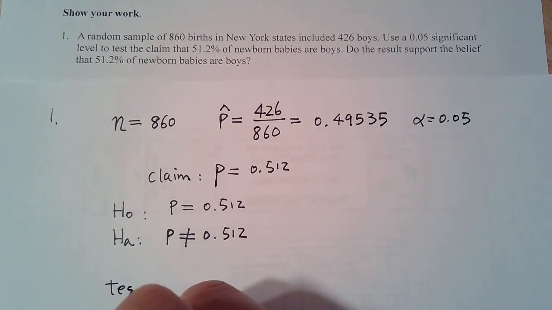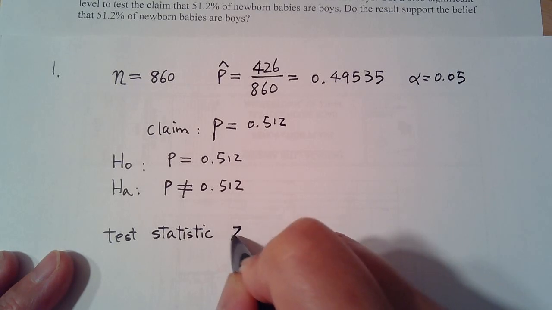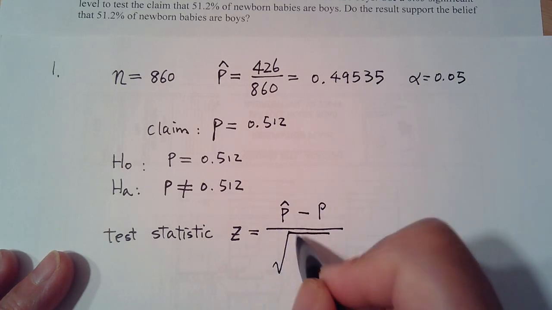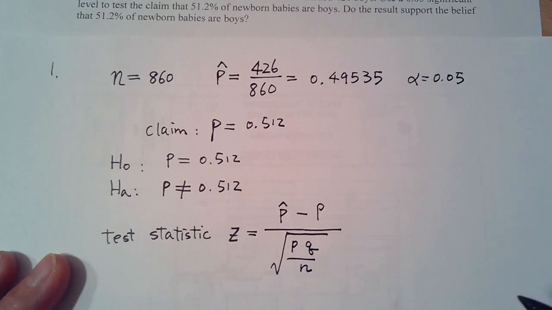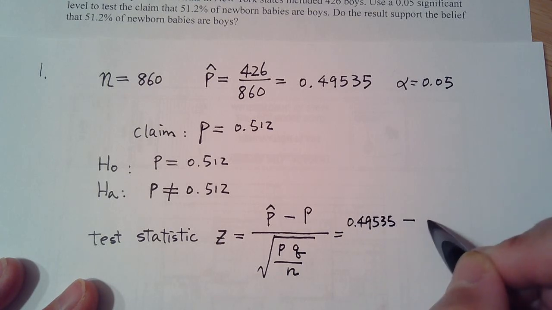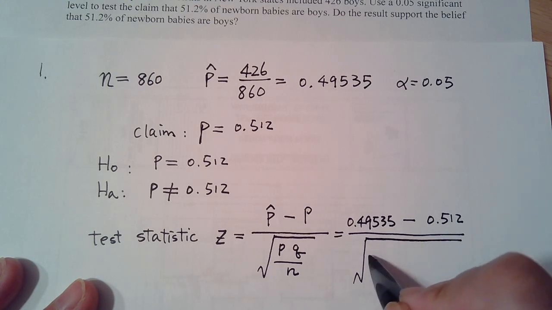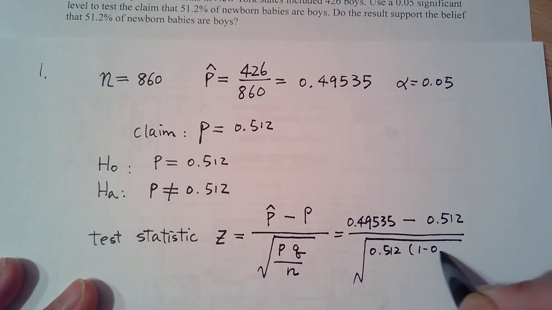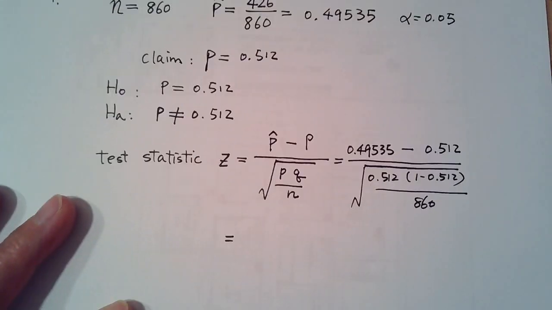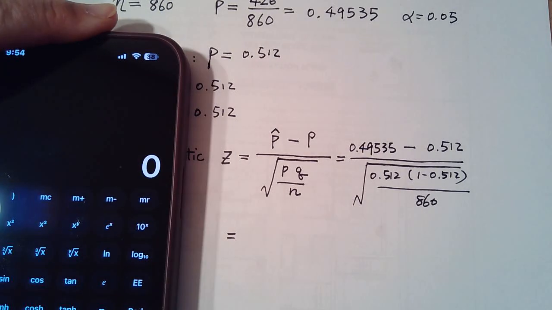The test statistic in this case is Z equals P hat minus P over the square root of PQ over N. And the good thing is we know all the information, so I have 0.49535 minus 0.512, divided by the square root of 0.512 times 1 minus 0.512, over N, which is 860. So we need to find this answer.